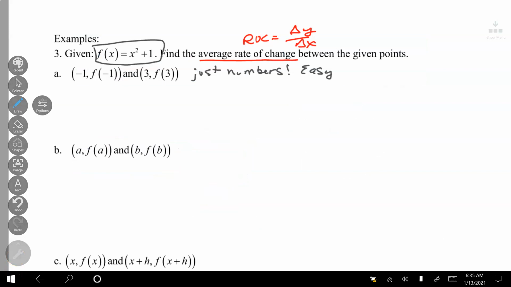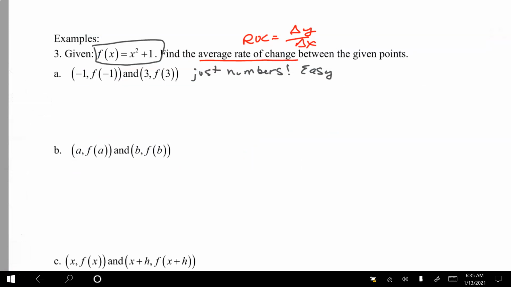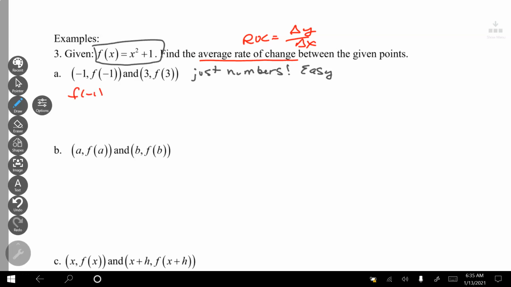Okay, we have this example where we're going to use the function x squared plus 1. We're going to find the average rate of change, or the change in y over change in x. And the first one's really easy. It's just numbers, plugging things in. So my f of negative 1, I have to figure out. I have to figure out my f of 3, because those are my x values. And when I do all that, I get 2. And when I do it here, I get 10.